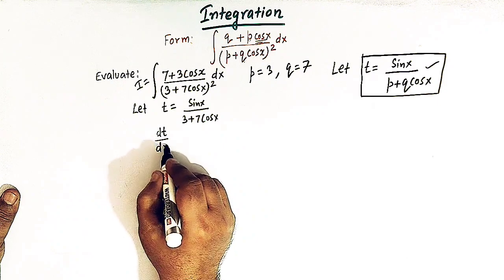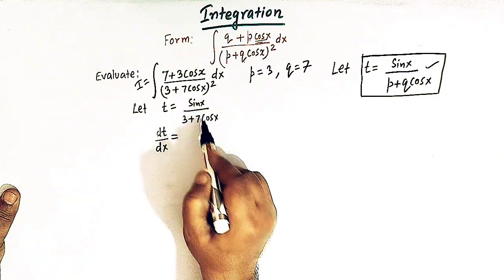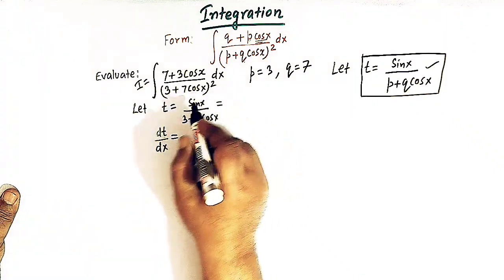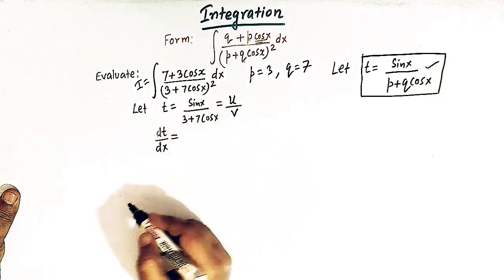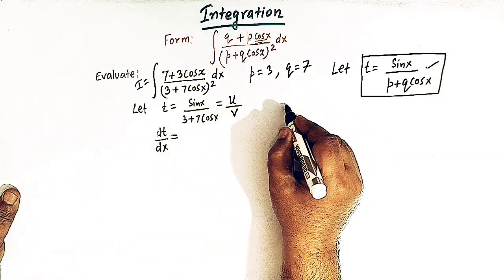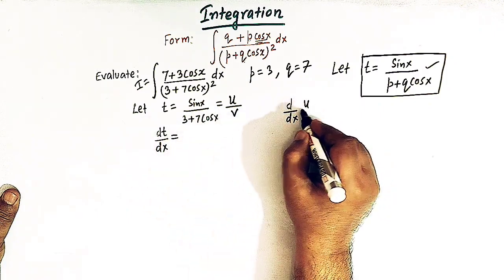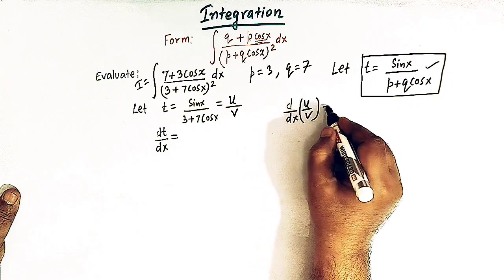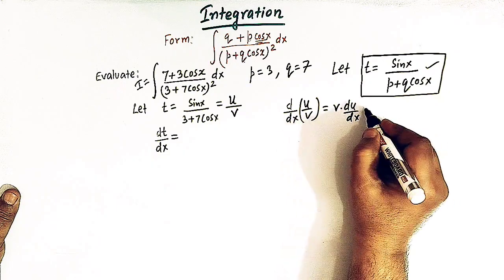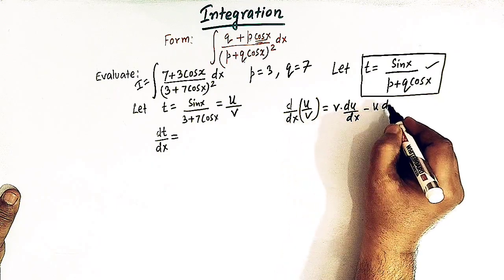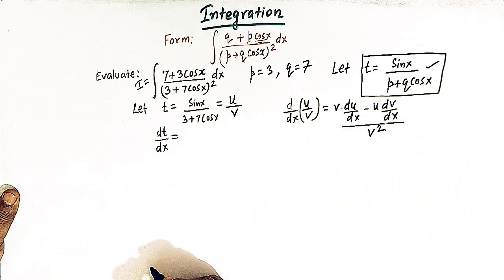So we have dt over dx, and now here we have the quotient of two functions, right? So this function may be taken as u and this function may be taken as v. So here we'll make use of the quotient rule for differentiation, that is the derivative of u over v is given by v du over dx minus u dv over dx divided by v square, right?